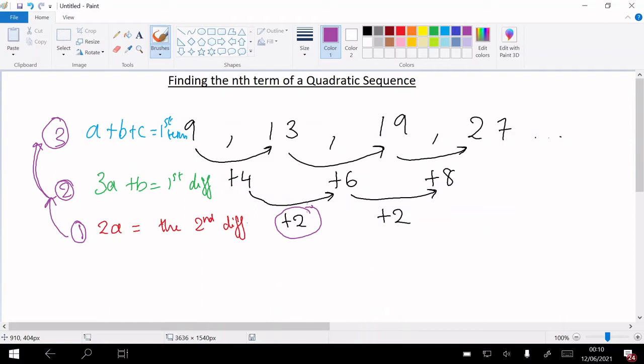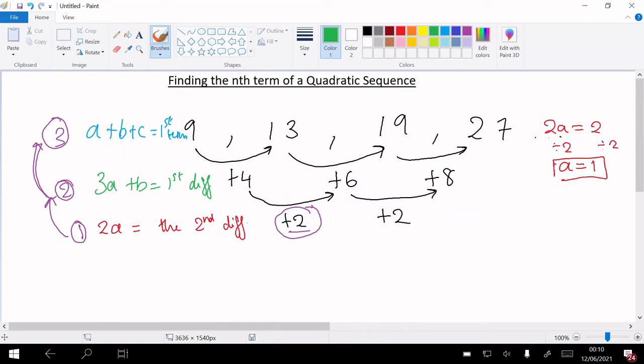In a quadratic sequence, the second difference is the same, because here it is plus 2 and so forth as you go along. So first step, find that. In this case, 2a is equal to 2, which means, dividing by 2 on both sides, a is equal to 1. So that's how you use the first equation.